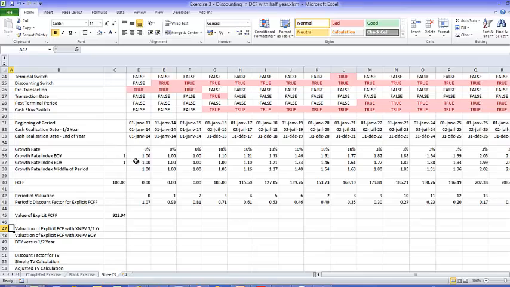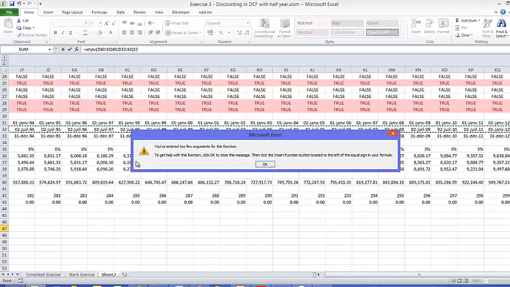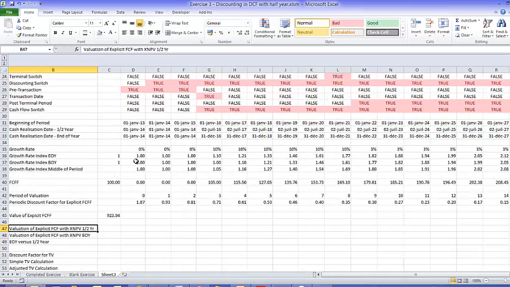So now if we made our explicit cash flows with the middle of the year period, we put XNPV, shade the cash flows. That's the thing that took us so long to do. And then after you do that, shade the middle of the year date.